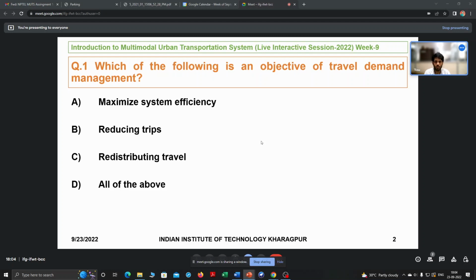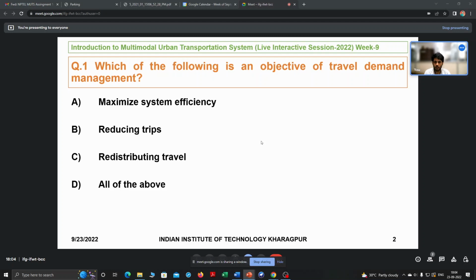Now, instead of increasing the capacity, you want to use some kind of travel demand management so that you can manage the traffic, because there is excessive congestion on the roads, especially during peak hours. A good example is the Bangalore situation, right?